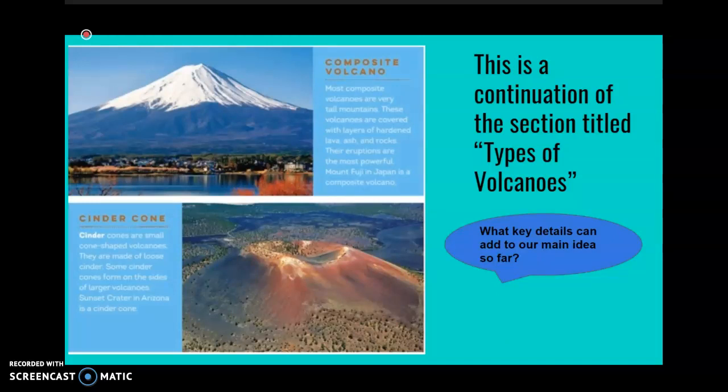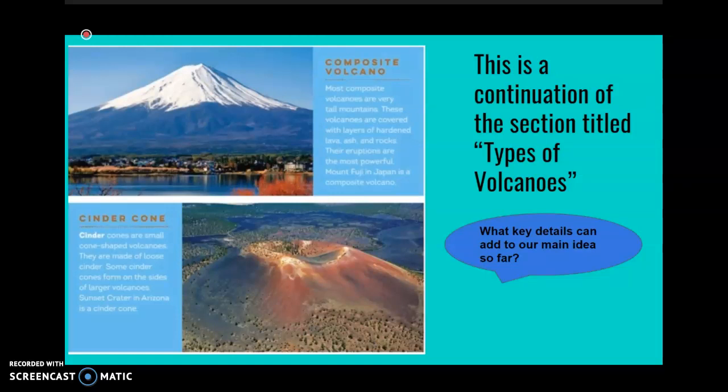So, I want you to think about this. Remember, the title of our section is the types of volcanoes. What detail did the author tell me that helps me to know that the main idea is about these volcanoes? What is an important detail that we've learned so far about these two types of volcanoes? I'm going to give you 1 minute to put it in the chat.